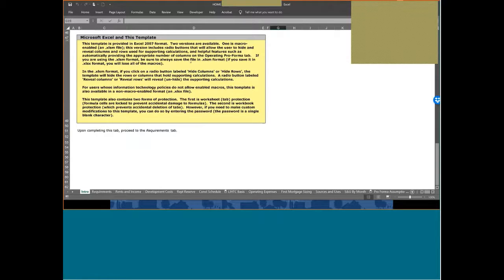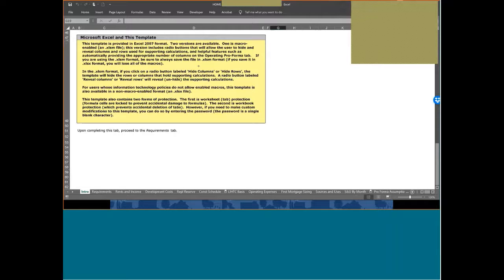So you can only input in the input cells, but we've taken the liberty of providing you with the password so that if you want to make modifications to it, you can do so without accidentally changing any formulas. So that's an important consideration.